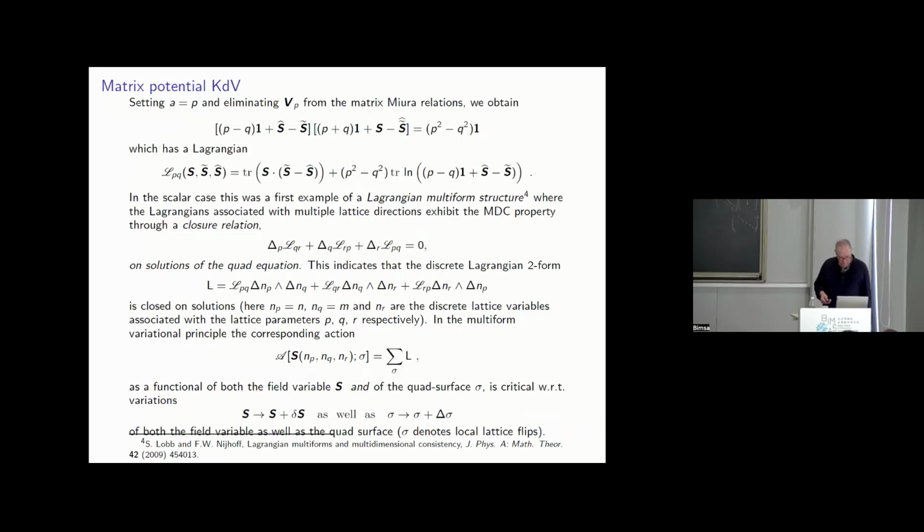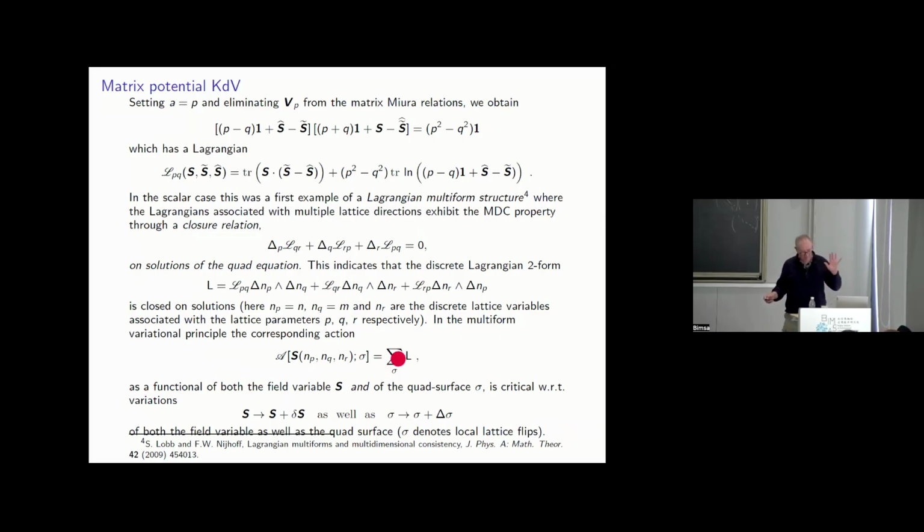It would be leading too far to explain that in detail, but the essence is that in these Lagrangian multiforms, the Lagrangian becomes a form, here in this particular case a discrete two-form, and then the corresponding action is a sum over any arbitrary surface that you choose.